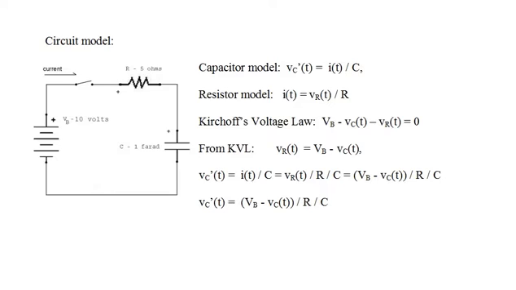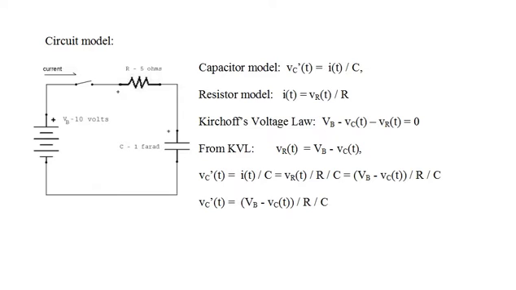We have the capacitor model, we have the resistor model, and we have Kirchhoff's Voltage Law. And from Kirchhoff's Voltage Law, we can derive that the resistor voltage equals the battery voltage minus the capacitor voltage. So, starting with the capacitor model, we have V_C'(t) = I(t)/C, and I(t) = V_R(t)/R, so we can replace that in the equation.